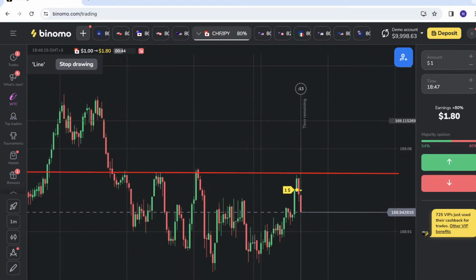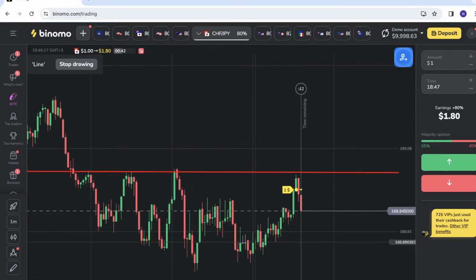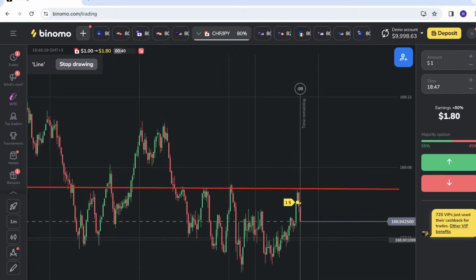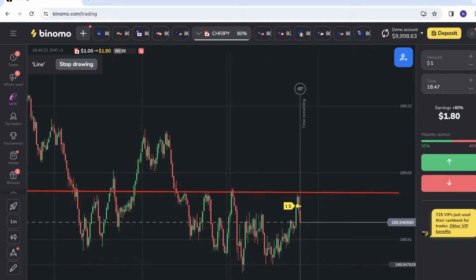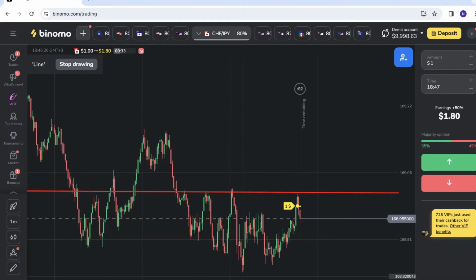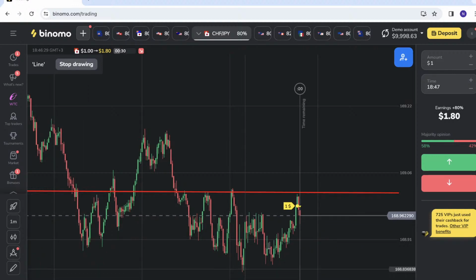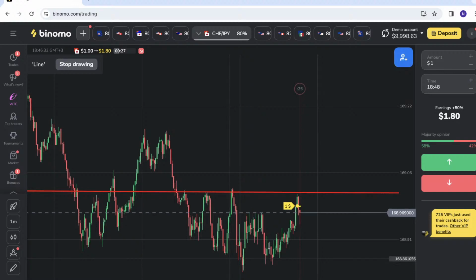For the support line, what we can think at this point, if I look at the graph, I see that before, price was testing these points, but here price was going a little bit down, and we can call these false breaks. Also, at this point, I can draw our support line.